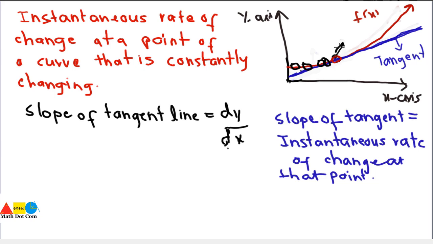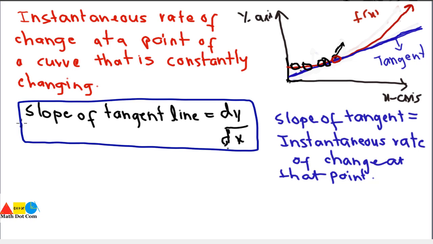So we have to find the slope of this tangent line. Let's see how we can find it.